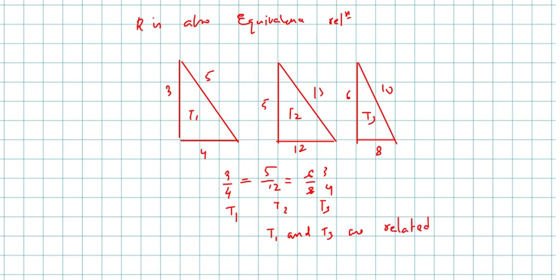As they are similar, they should follow the similar triangle ratios. T1's ratio is 3 by 4 and T3's is also 3 by 4, so these two are similar. However, T2 is not. That's it.